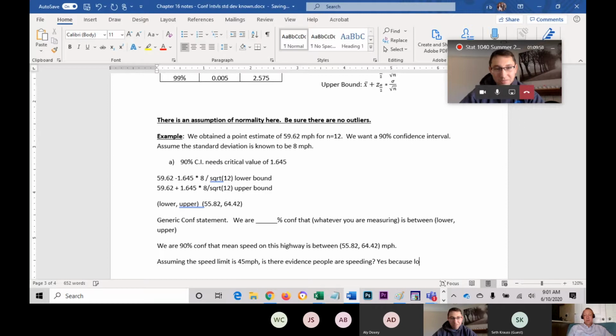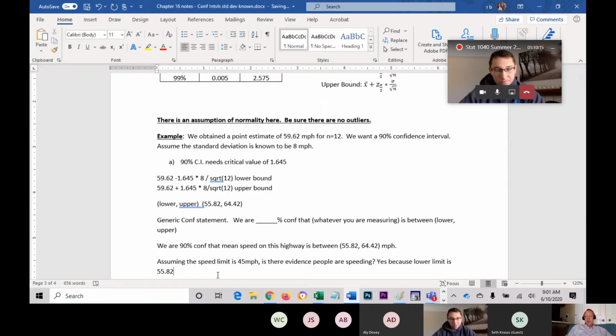Yeah, because the lowest limit is 55.82, right? So we think that they're going at least 10 miles an hour over and potentially almost 20 miles an hour over, right?